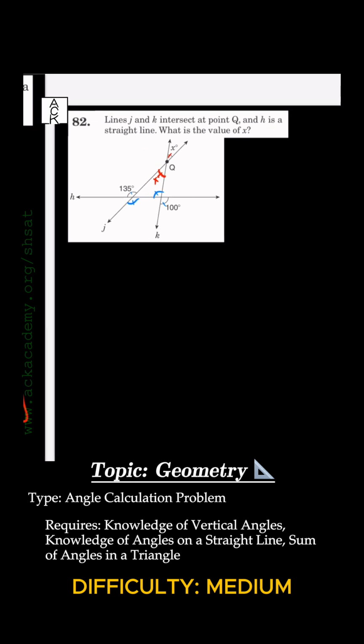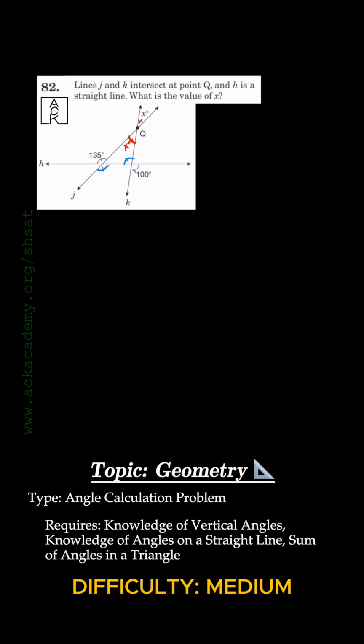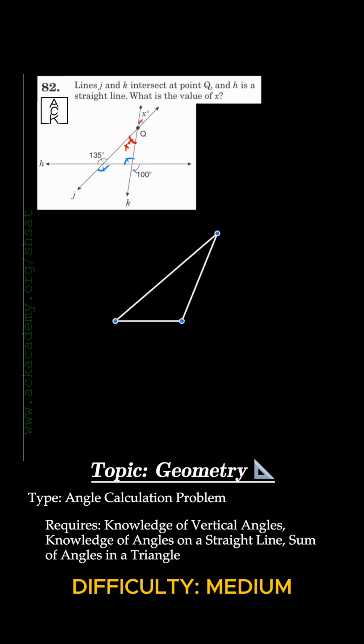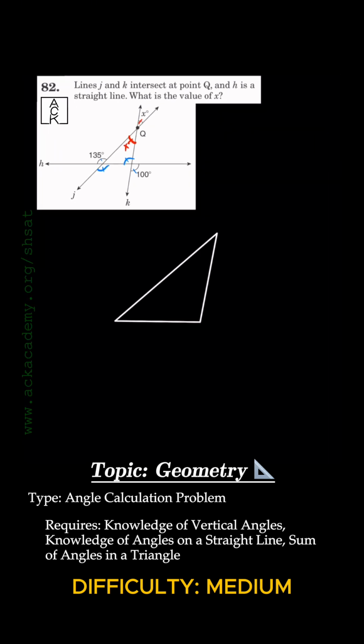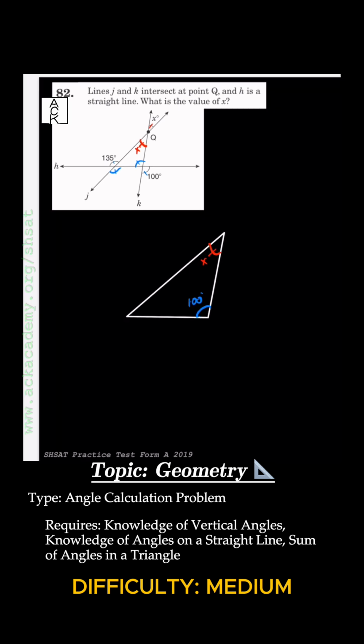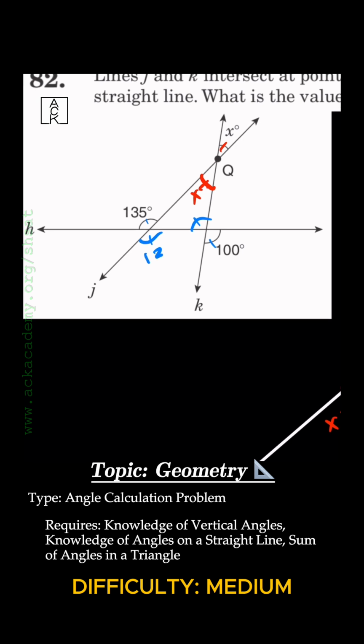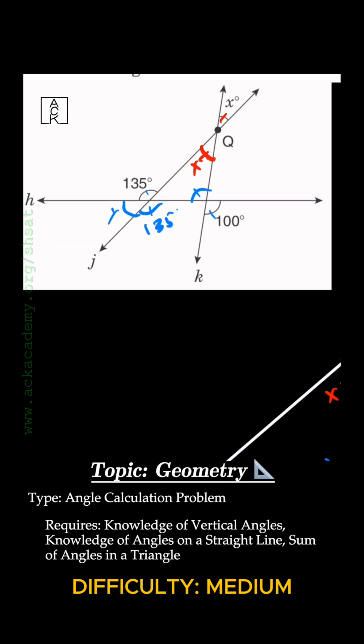So we already know that one of the triangles inside here, so in here we need to find this value of X. We know that this is 100 degrees, and we know that if this is 135, we can say that what needs to be this, let's say that's y.